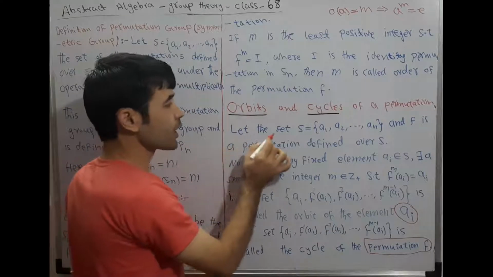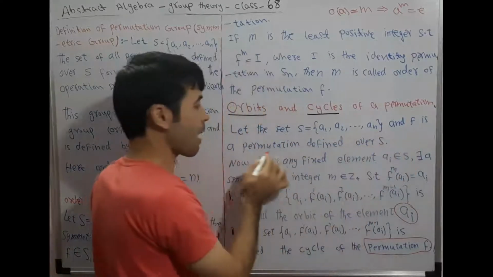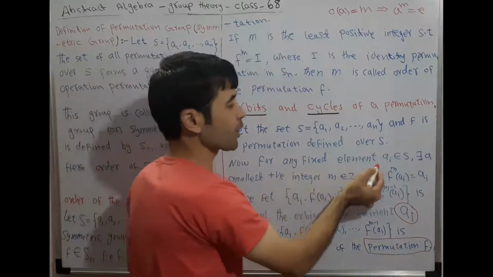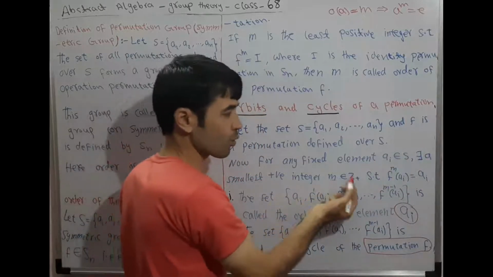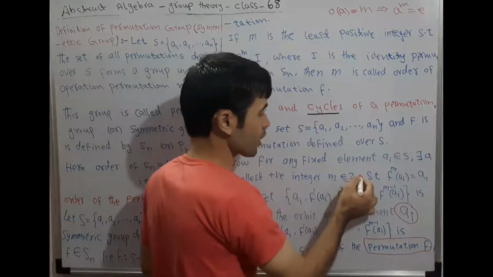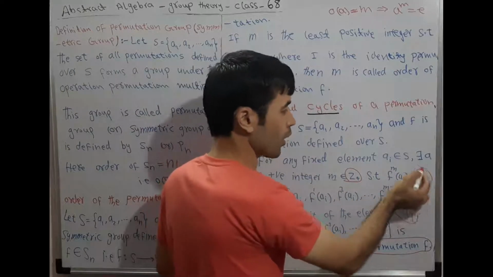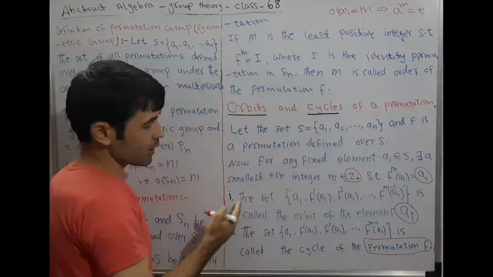Let the set S equal to {A1, A2, and so on, An}, and f is a permutation defined over S. Now for any fixed element Ai belongs to S, there exists a smallest positive integer m such that f to the power m of Ai is equal to Ai. Then there are two cases.